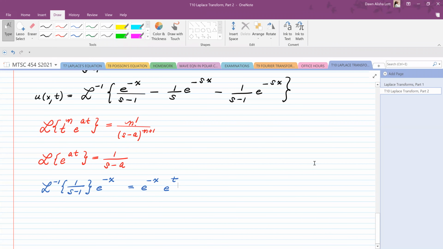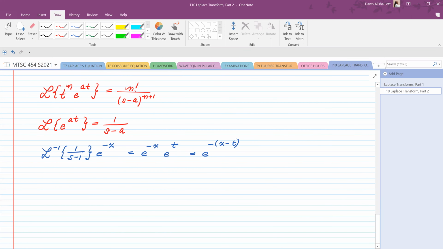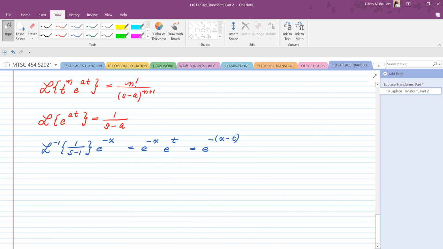So this part is the familiar part. This is the e to the minus x minus t that we expect to get because of the type of problem that we have. That's the type of wave that we expect to get. Then we have to use convolution for the other two.